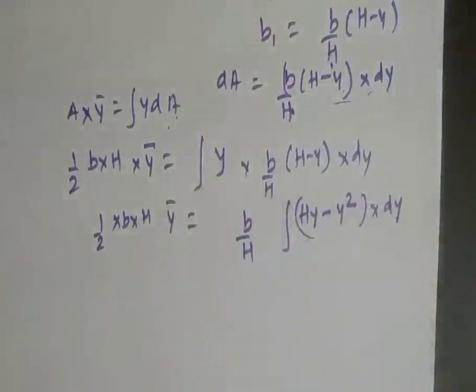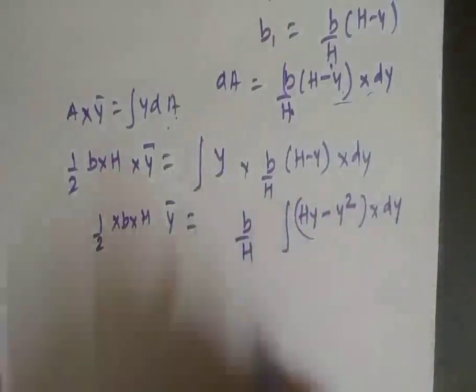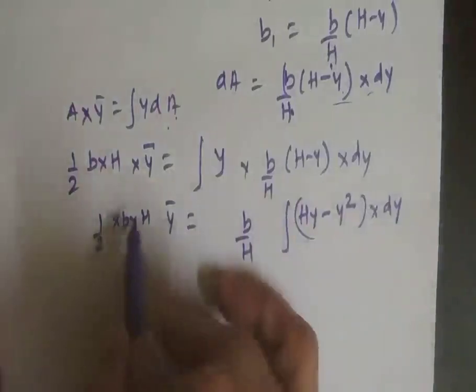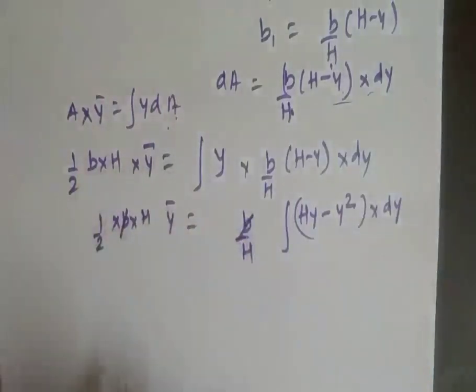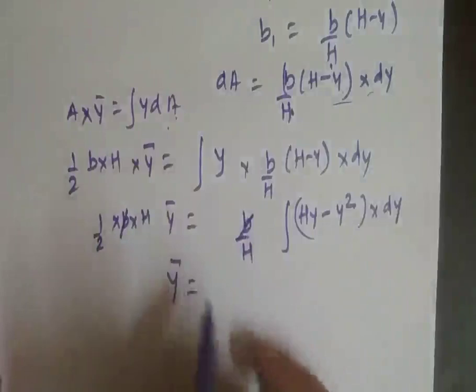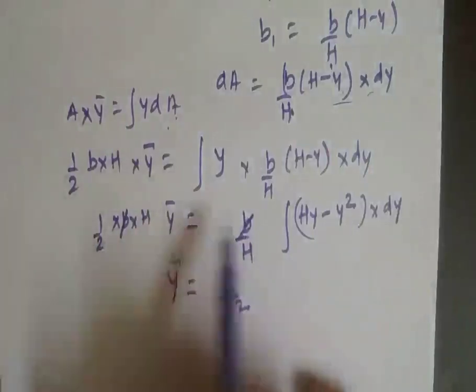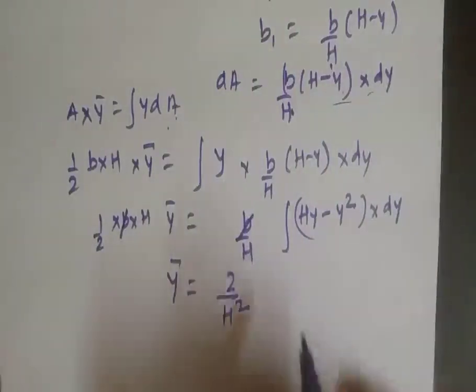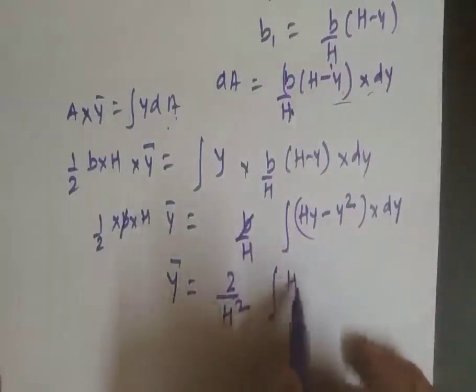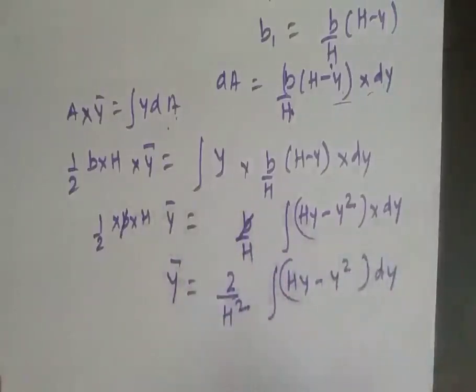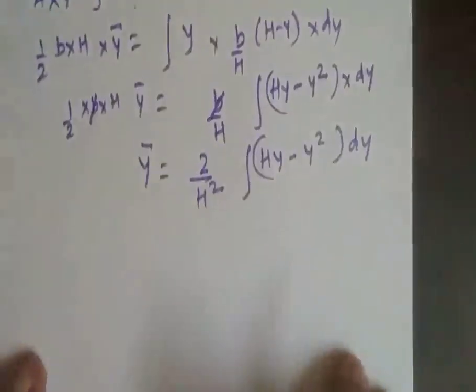This is the term for the y bar. Here b and b get cancelled, so y bar will be equal to 2 divided by h square, where the 2 goes to the right-hand side and h square comes in the denominator, times the integration of hy minus y square dy. So this is the term for y bar.